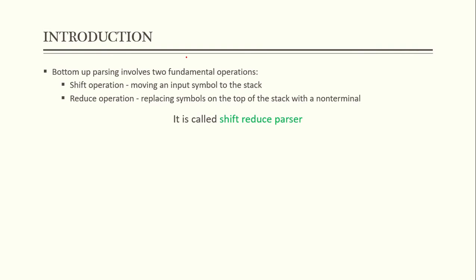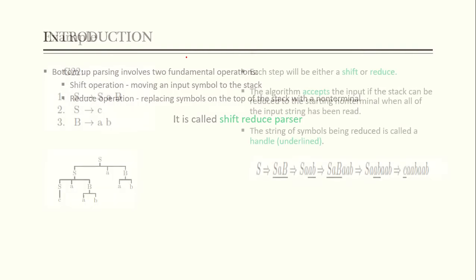Shift is moving the input into the stack, and reduce is to replace. That is the keyword. Moving means that you push the input symbol, while reduce is replace. We want to replace the symbol on the top of the stack with a non-terminal. This process we call a shift-reduce parser.